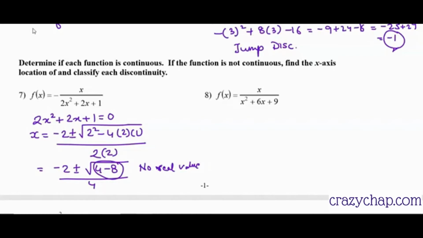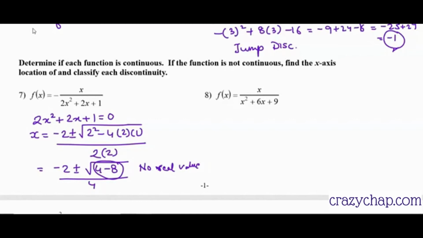It means the function is continuous throughout. We have no discontinuity at all, either removable discontinuity or infinite discontinuity. Again repeating, removable discontinuity is when numerator and denominator have some factors that are the same, and infinite discontinuity is when the denominator makes 0.